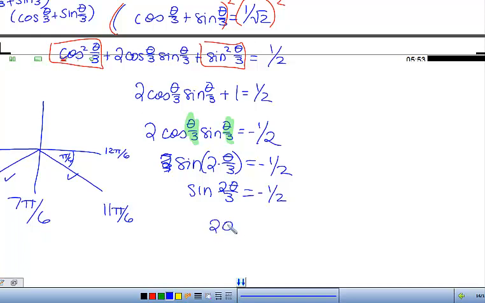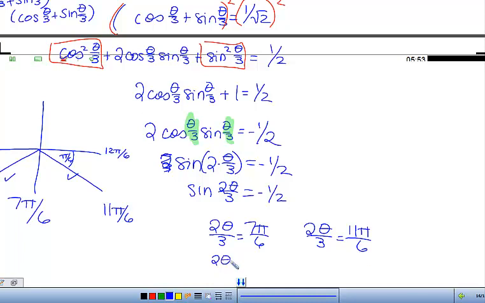So what I can say is 2 theta over 3 equals 7 pi over 6, and 2 theta over 3 equals 11 pi over 6. Now go on and solve for theta.